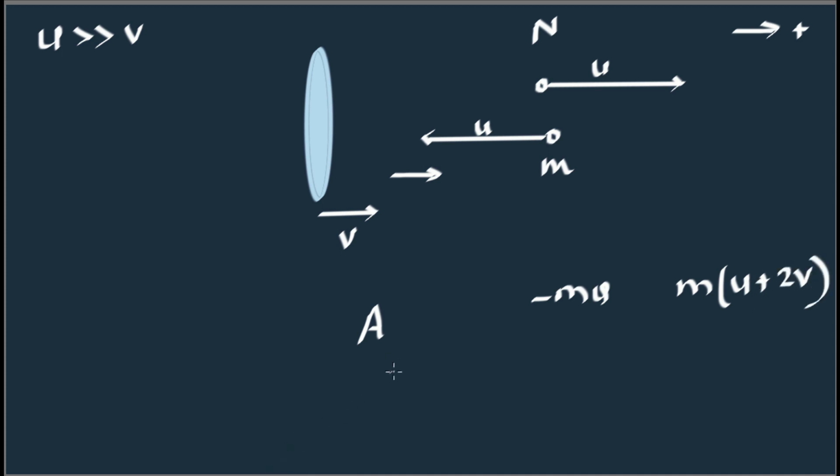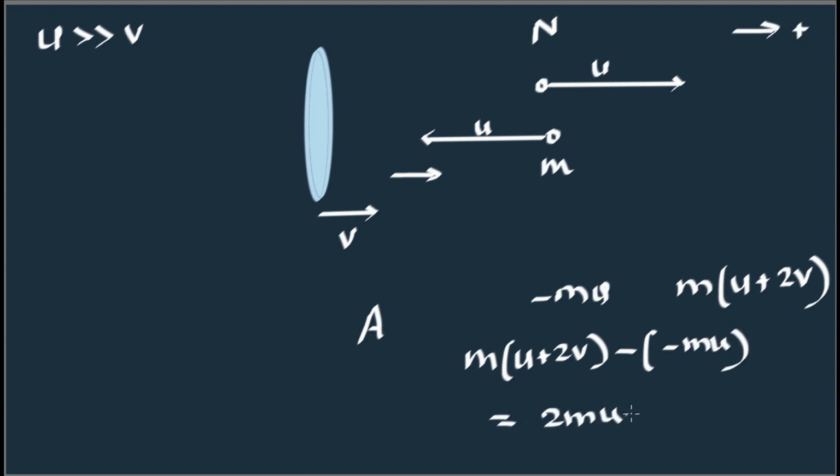So the change in the momentum of the molecule is the final momentum, mu plus 2v, minus the initial momentum, minus mu. So this becomes 2mu plus 2mv. If this is the change in the momentum of the molecule, then the change in the momentum of the disk is going to be minus of this.